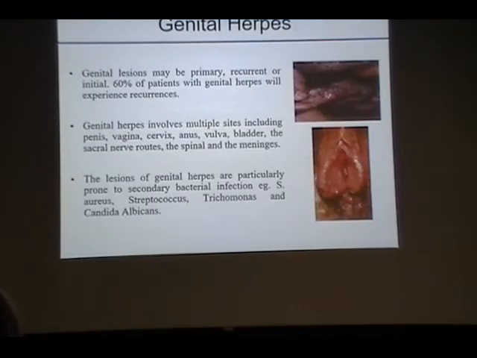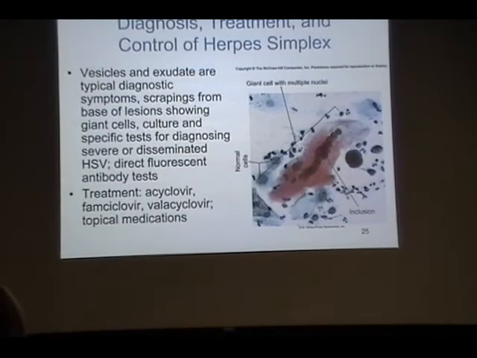In terms of diagnosis, the conventional diagnosis is based on microscopic detection. Basically, when you scratch the lesions and look at what you get under the microscope, you see giant cells, and also you see these secretions, these particles that come from the cells.